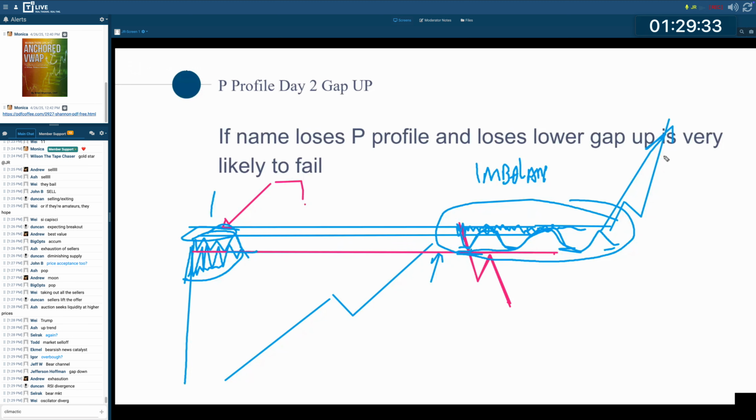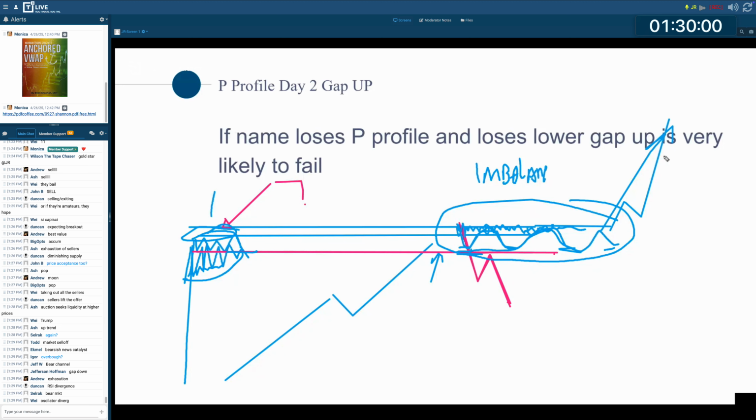When you have a P-shaped profile in a short covering rally, that prior day's P-shaped profile is almost certainly going to be tested, if not violated. And sometimes you're going to get as much as a 50% retracement. The classic bear market P-shaped profile short covering rally, day two will almost certainly always retrace.